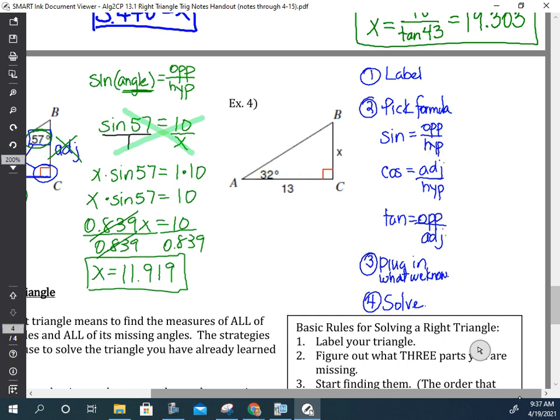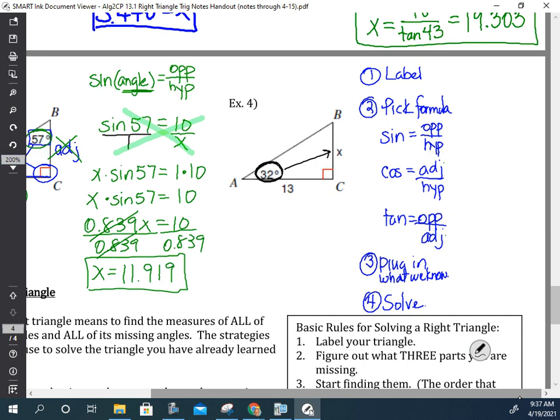All right, example 4. Same type of problem. So we have our 4 steps. Let's do our 4 steps. First step, label the problem. 32 is the angle that they gave you.